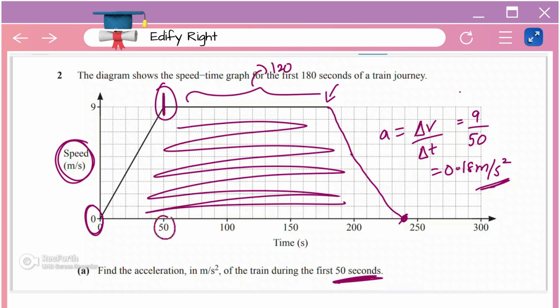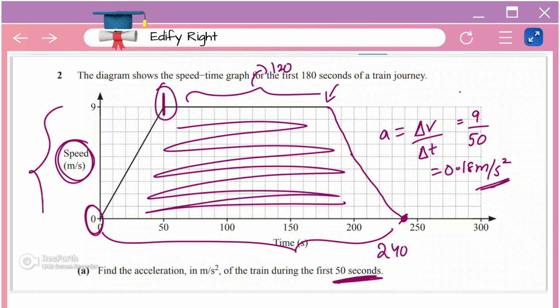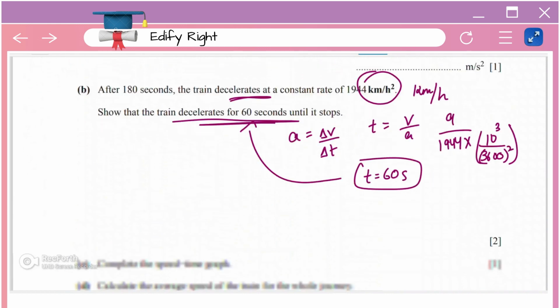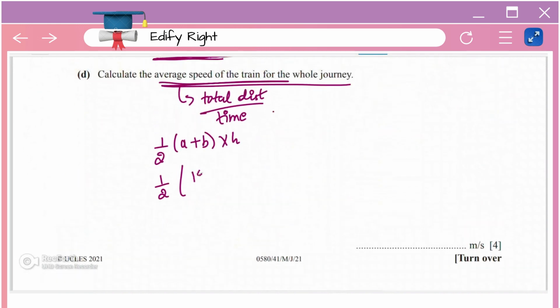If you observe, it goes from 50 to 180, so that is 120, and the length over here, that is 240 obviously. And then you have the height, which is 9. So let's use all those values. We get 120 plus 240 into 9.